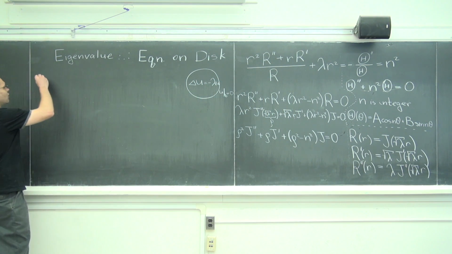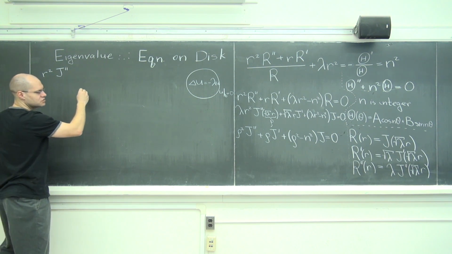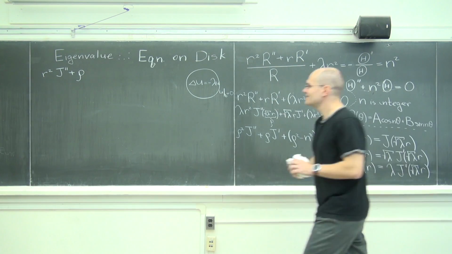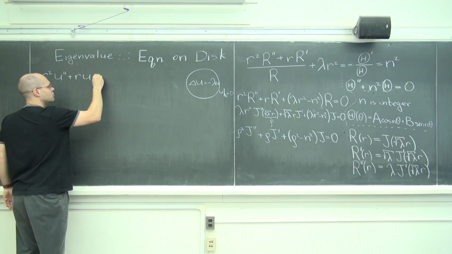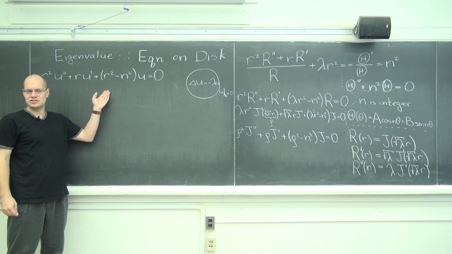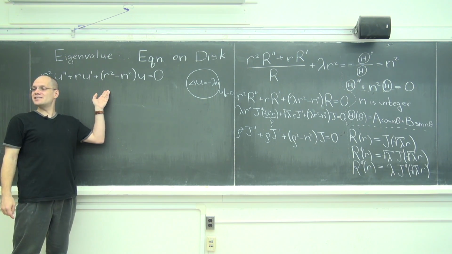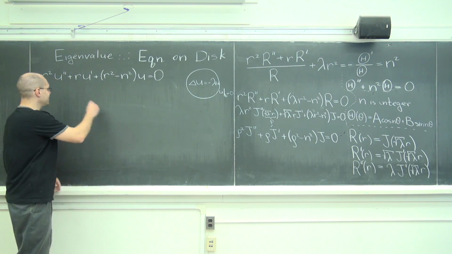Okay, but now renaming back to r, we're ending up with the classical Bessel equation. The classical Bessel equation has 2 solutions, j sub n and y sub n, as they're called.